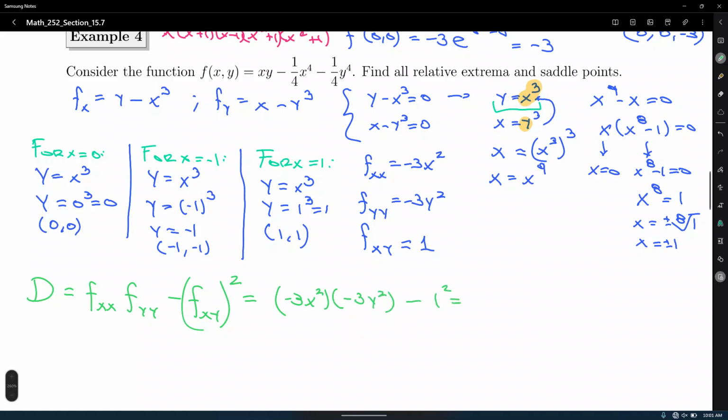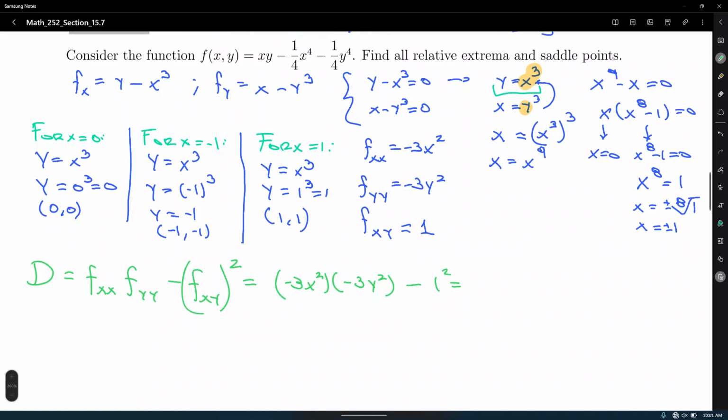Let's simplify this. Negative times a negative is positive: 9x squared y squared minus 1 squared, which is 1. So we're going to use this expression for every single ordered pair: 0, 0, negative 1, negative 1, and 1, 1. Let's go about it.